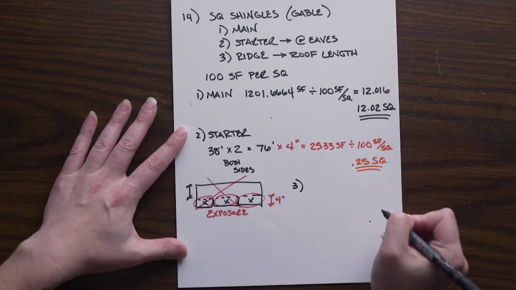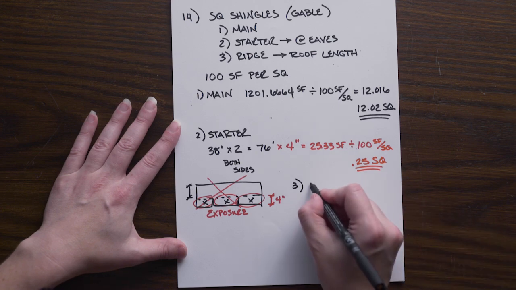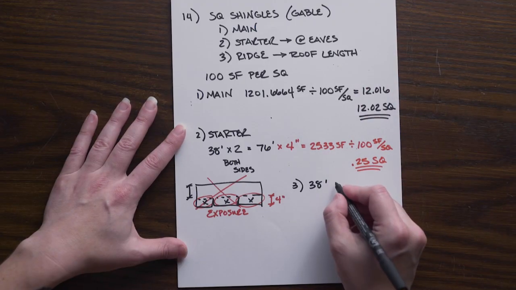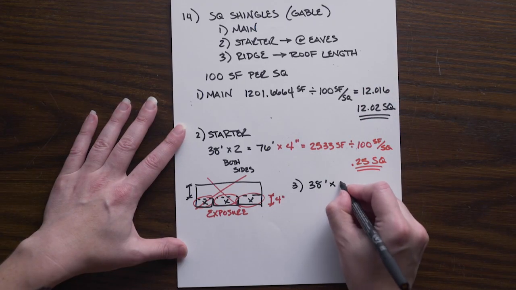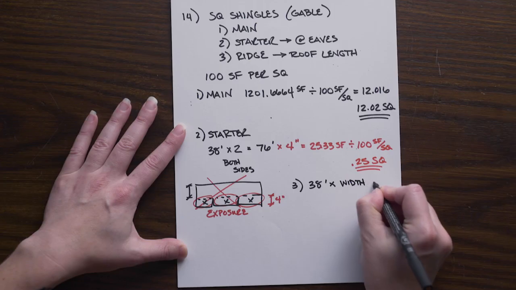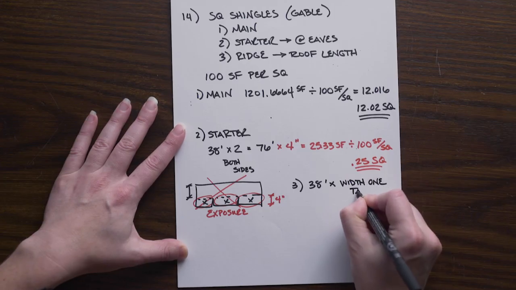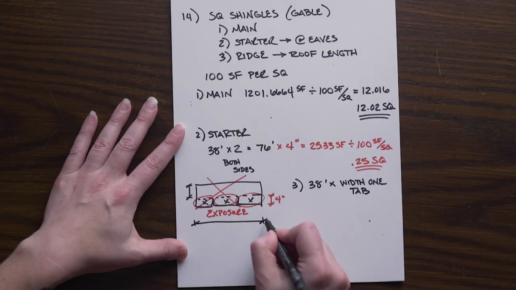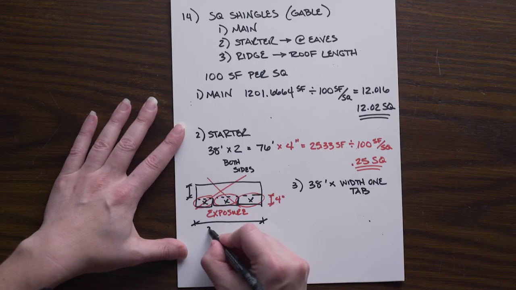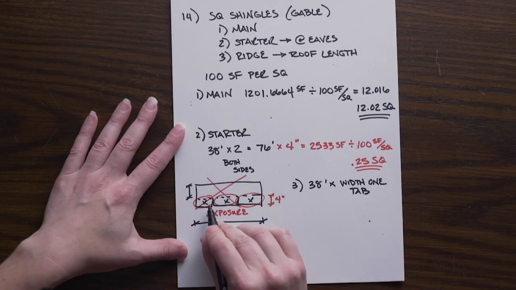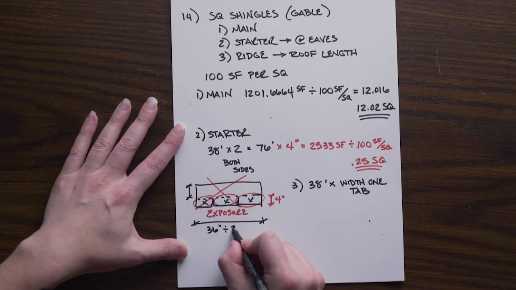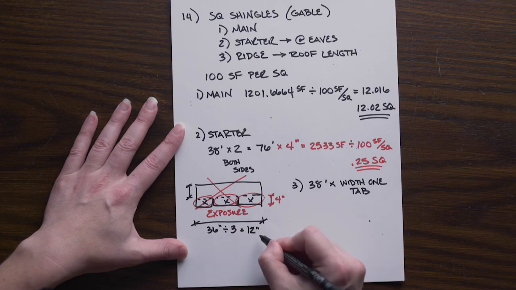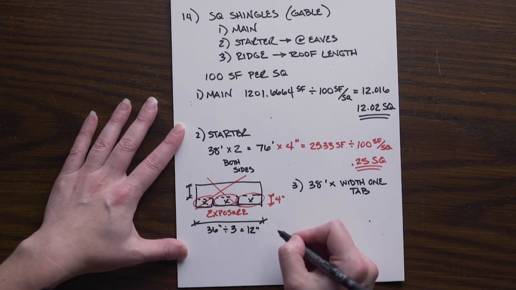Lastly, for our ridge, we take our length of our roof as we previously determined and we multiply it by the width of 1 tab. We have our full length as we determined by our specs. That was 36 inches. We have a 3-tab shingle, so we know 1 tab is going to be 12 inches in width.